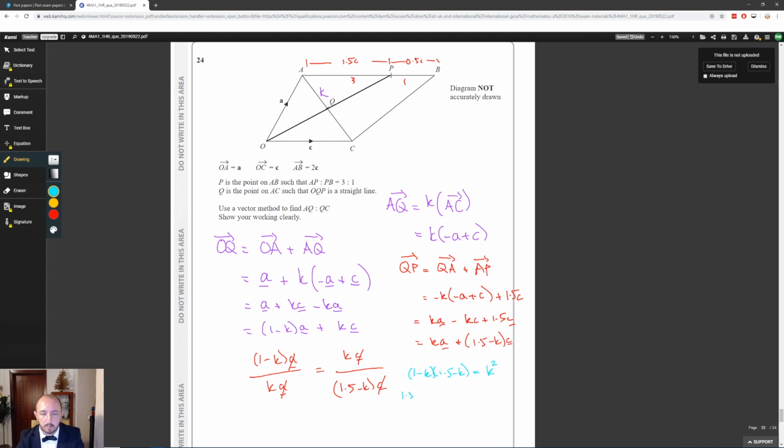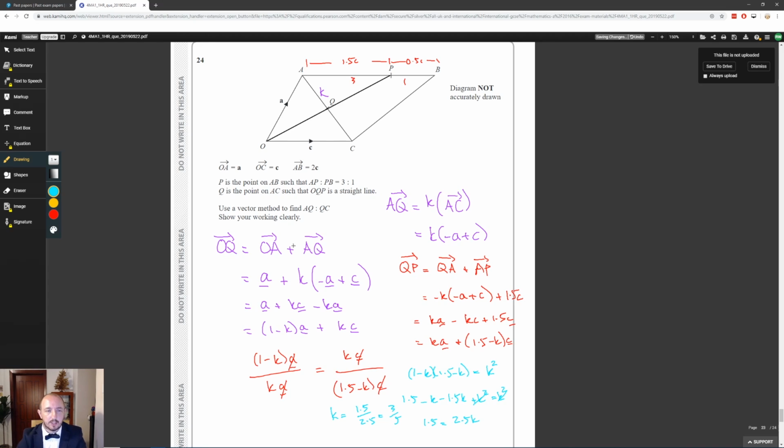Multiply out the brackets: 1.5 minus K minus 1.5K plus K squared is equal to K squared. So I can cancel the K squareds, and I get 1.5 equals K plus 1.5K, which is 2.5K, taking it over the other side to get positive 2.5K. So our K is equal to 1.5 over 2.5, which is equal to 15 over 25, which is 3/5.